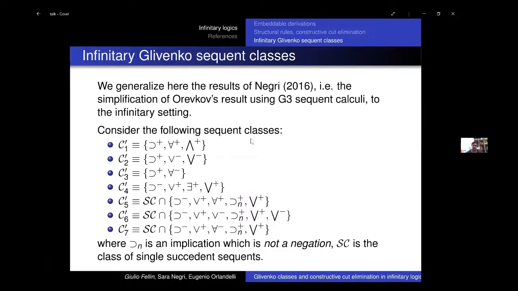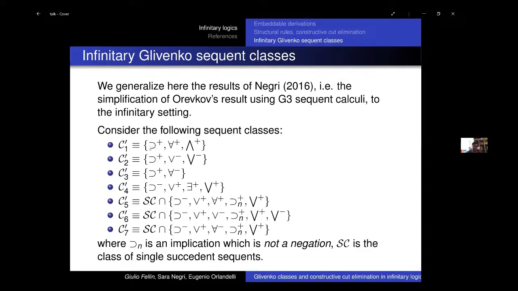Okay, so we generalize the results by Sara Negri, which are the simplifications of Orevkov's result using G3 sequent calculi, to the infinitary setting. So we consider these 7 sequent classes.